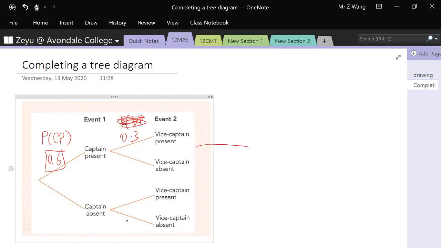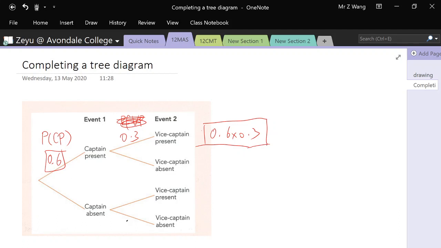Yeah, exactly. So you are just multiplying along the branches, okay? So that shows you how to complete the tree diagram. So you now know how to complete the tree diagram with the 10 numbers. Does that make sense? Then you just have to make sure you understand what it means.